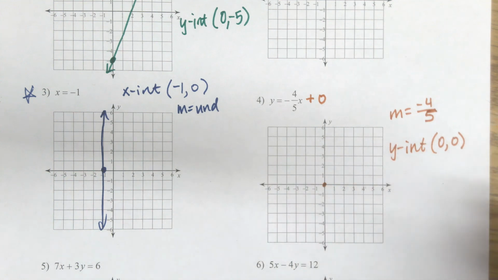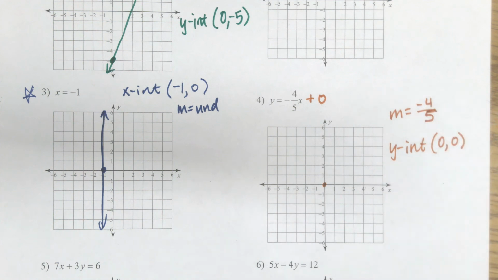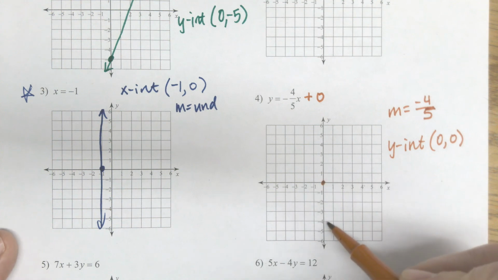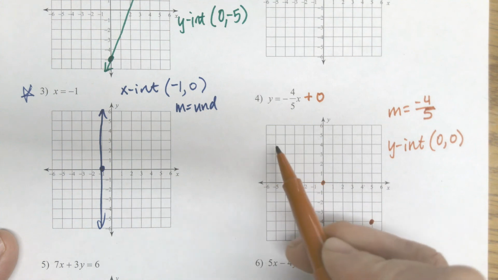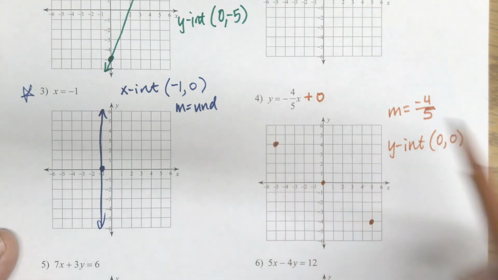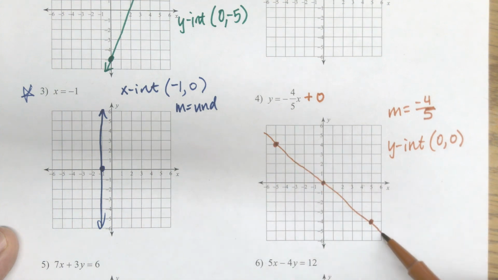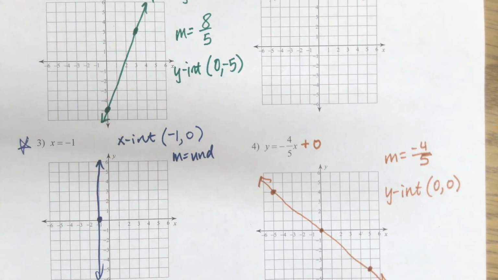Up and right are positive. Down and left are negative. If my slope is negative, I'm one negative move only. So it's either down 4, right 5, or up 4, left 5. You can tell you do it right because a negative slope should create a line that drops as opposed to a positive slope that rises. When you do a positive slope, you can go up and right or down and left.